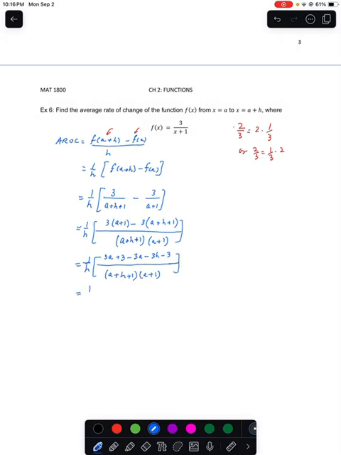Now you will notice a bunch of things got cancelled. 3a gets cancelled with 3a, 3 gets cancelled with 3, and we are left with only negative 3h on the top.